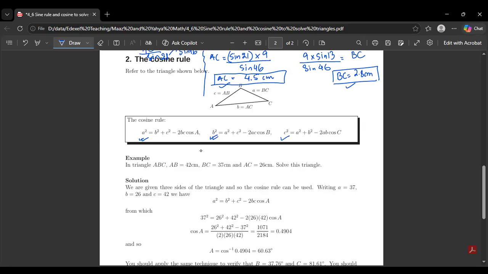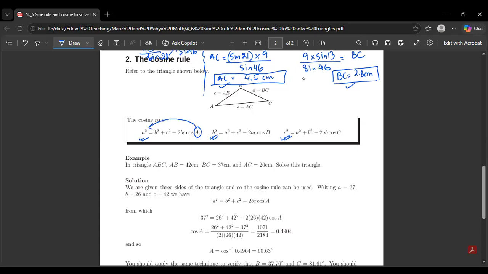Remember, in the cosine rule you will be having one angle, and when you substitute the values, the side opposite that angle should be known.